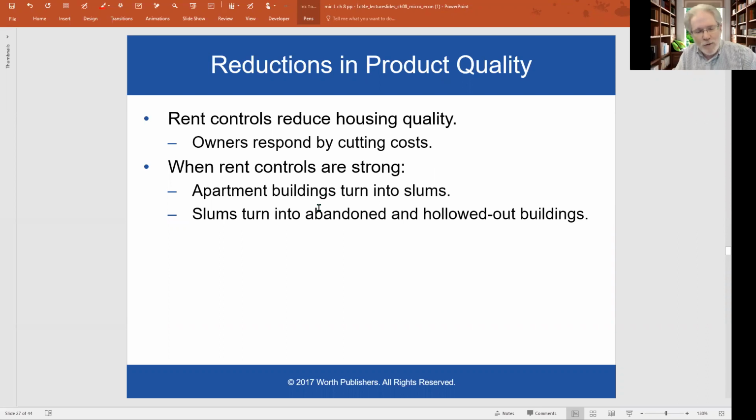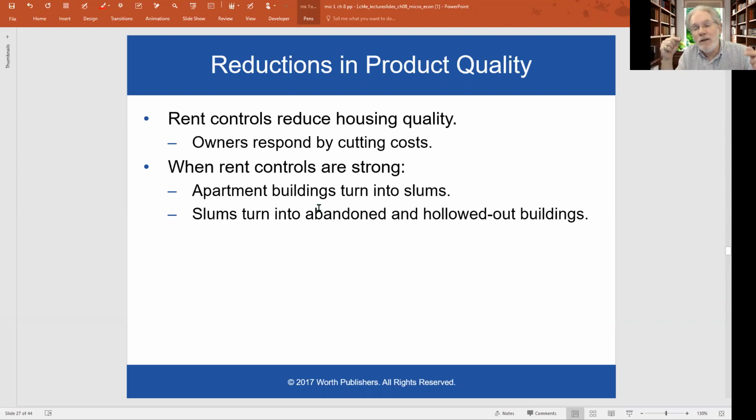I meant to look for a picture of a part of New York City where it literally looked like it had been bombed. Looked like planes had come and just totally destroyed the city. But that hadn't happened. The only thing that had happened was that they had rent control.